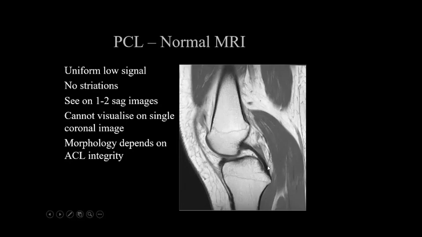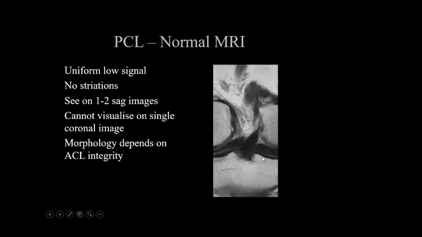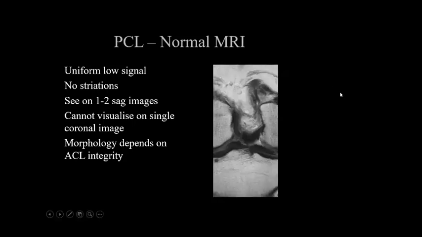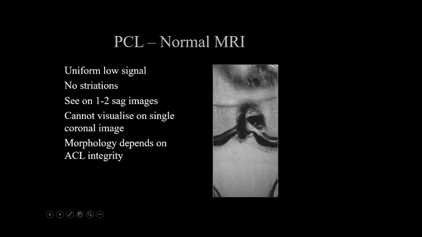The PCL has no striation whatsoever. It's completely densely hypointense. Same thing on the coronal PD sequence, it looks the same, homogeneously hypointense with no signal change within it.